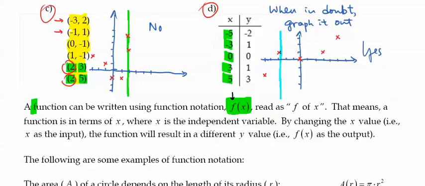So here we are working with a function that is in terms of x. When you are working with y equals 2x, for example, the x here is the independent variable, and the function here will help us to calculate the output. You're saying it's f of x is mx plus b, right? Not all the time.